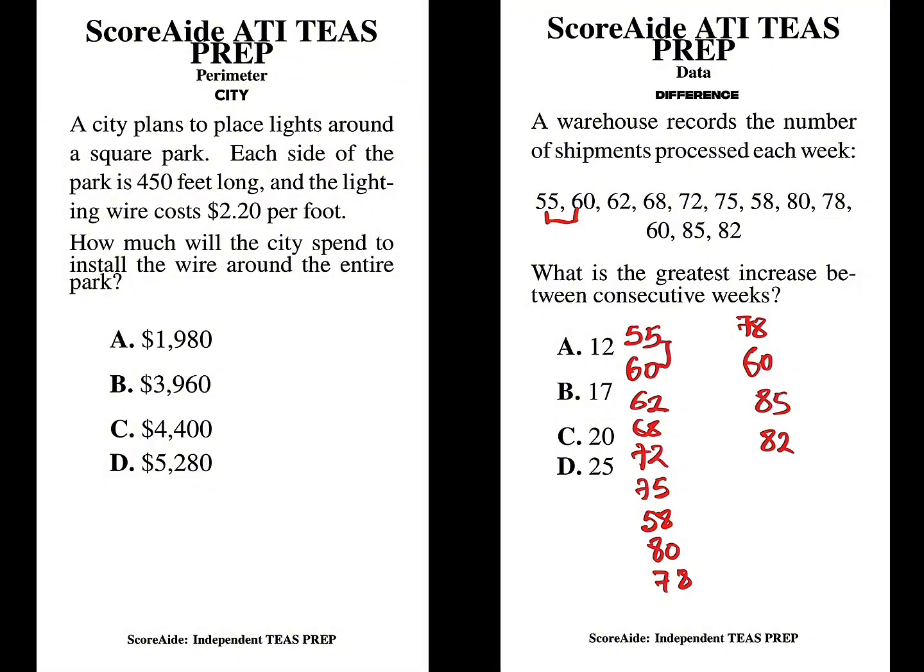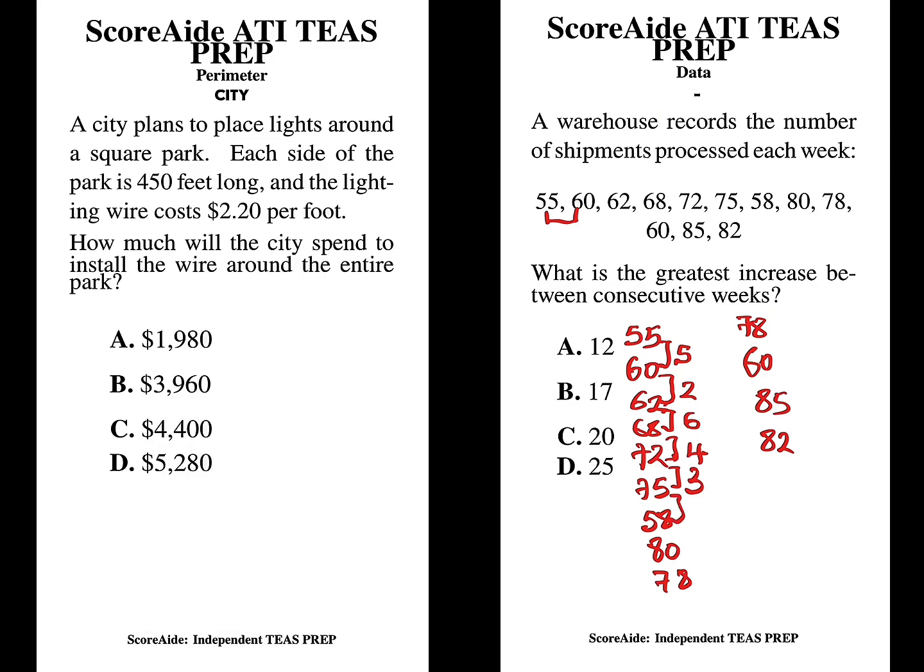So this difference is gonna be 60 minus 55, which gives us 5. 62 minus 60 is gonna give us 2. 68 minus 62 is gonna give us 6, right? 72 minus 68 is gonna give us 4. 75 minus 72 is gonna give us 3.